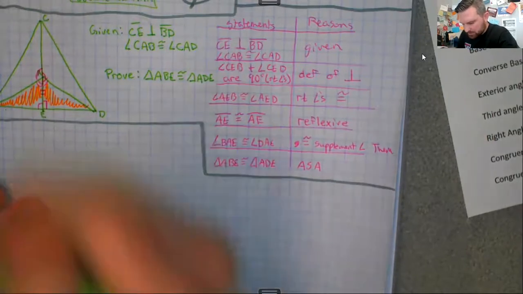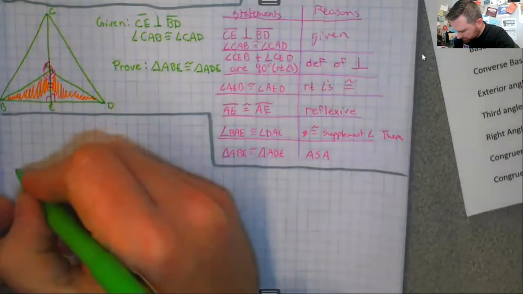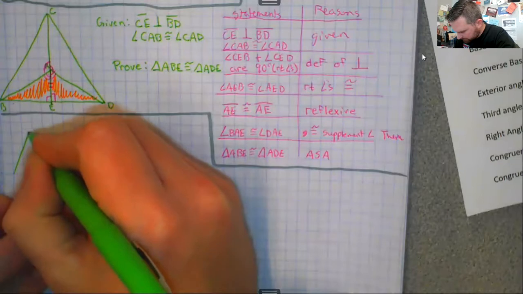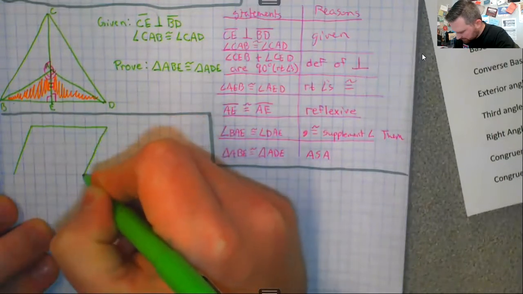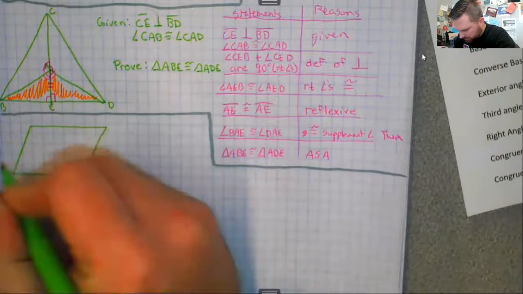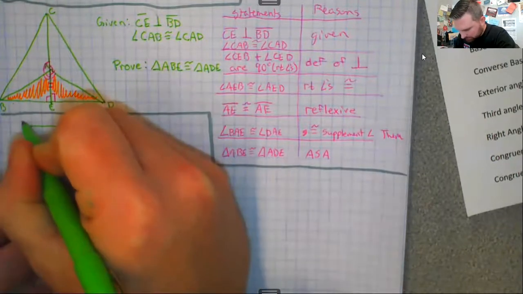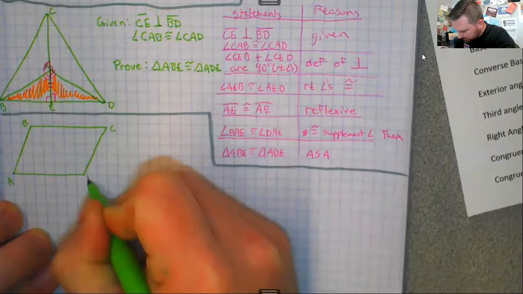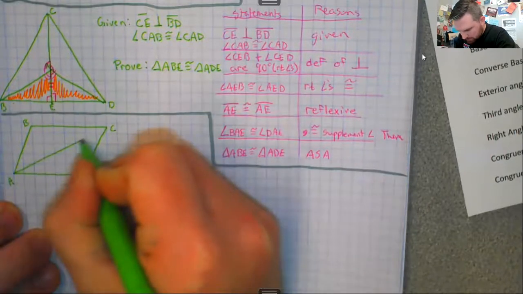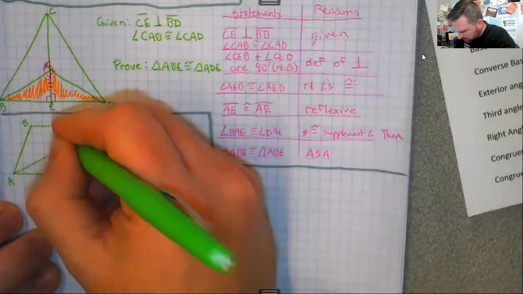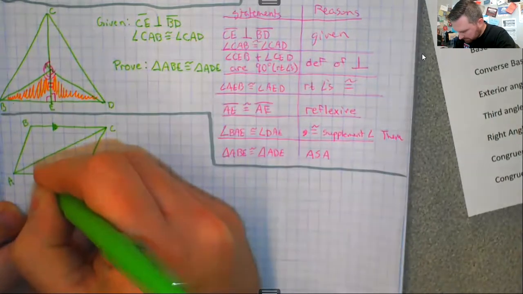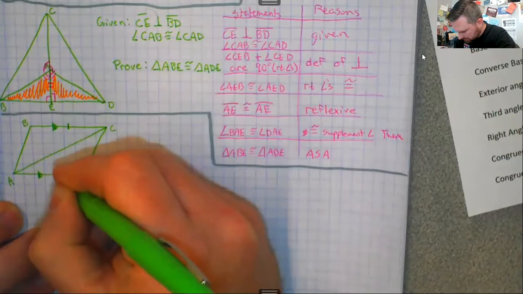All right, the next proof here gives us this picture. It's kind of a famous, or well-known, picture. So we've got this is parallel to this, and this, and this.